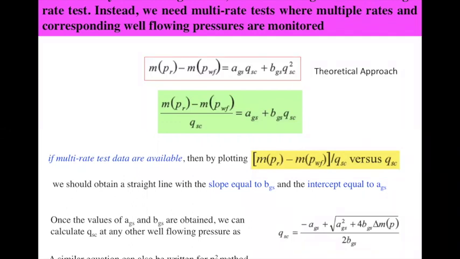So here you can see, if the multi-rate test data are available, then plotting MPR minus MPWF divided by QSC versus QSC will give you a straight line, right?